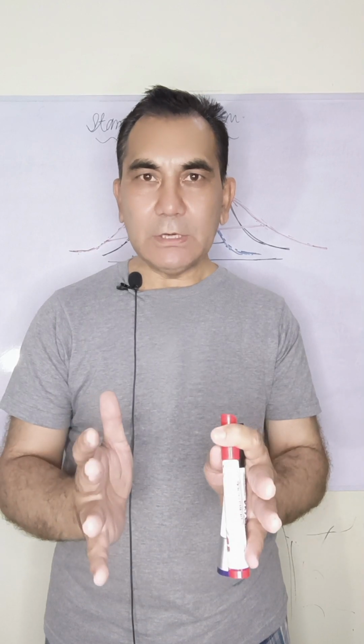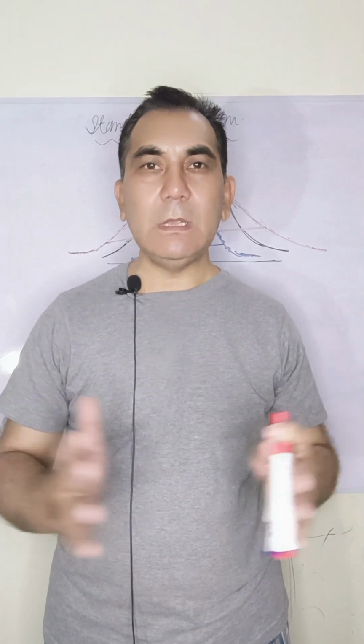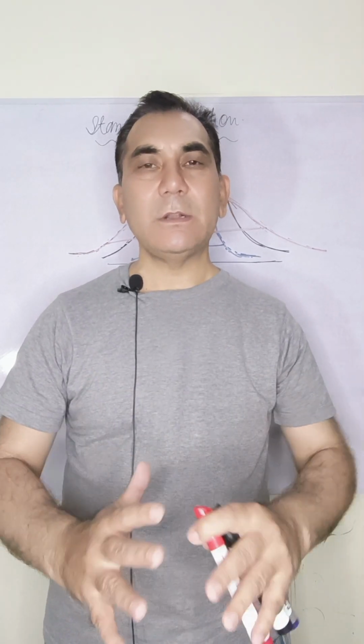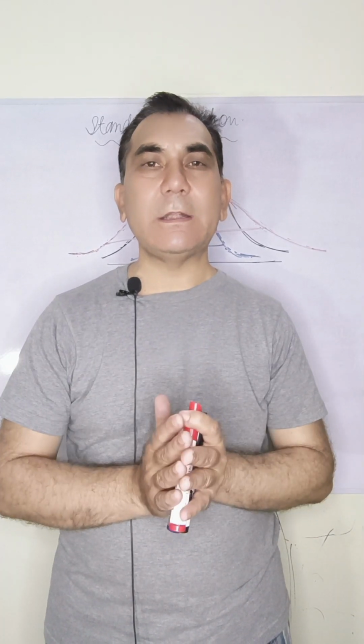If the values of the data are away from the mean, it means that the data set is quite variable, and variance or dispersion is present in that data set.